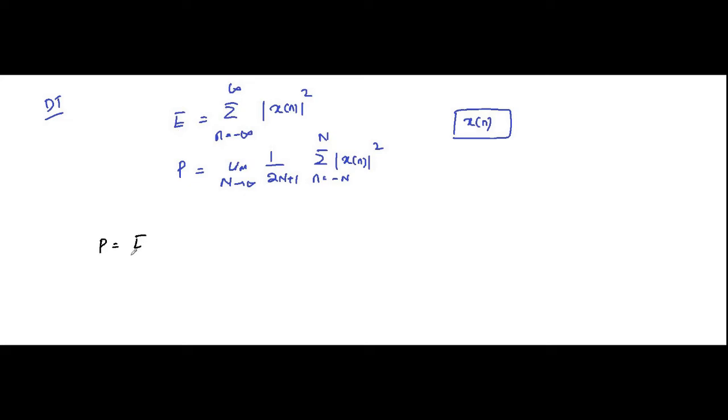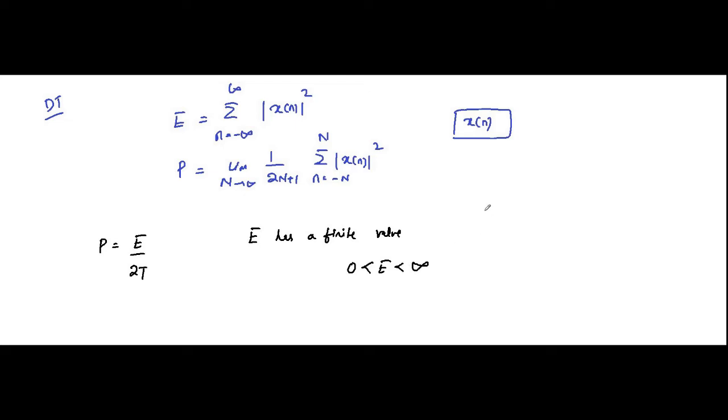E by 2T. Suppose this energy value has a finite value, that is, it lies between 0 and infinity.